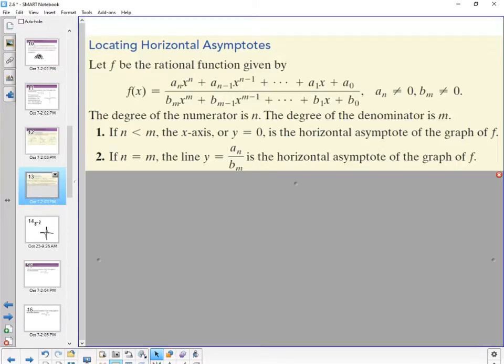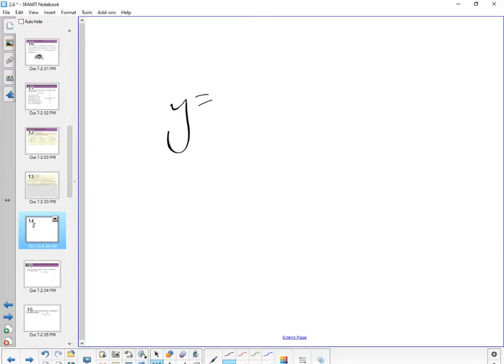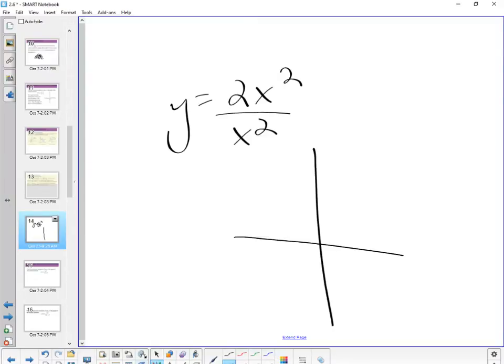So if they are the same, meaning, if I have y equals 2x squared over x squared, then that means that I'm going to have a horizontal asymptote at y equals 2 over 1. The leading coefficient here is that, and that's my ratio.